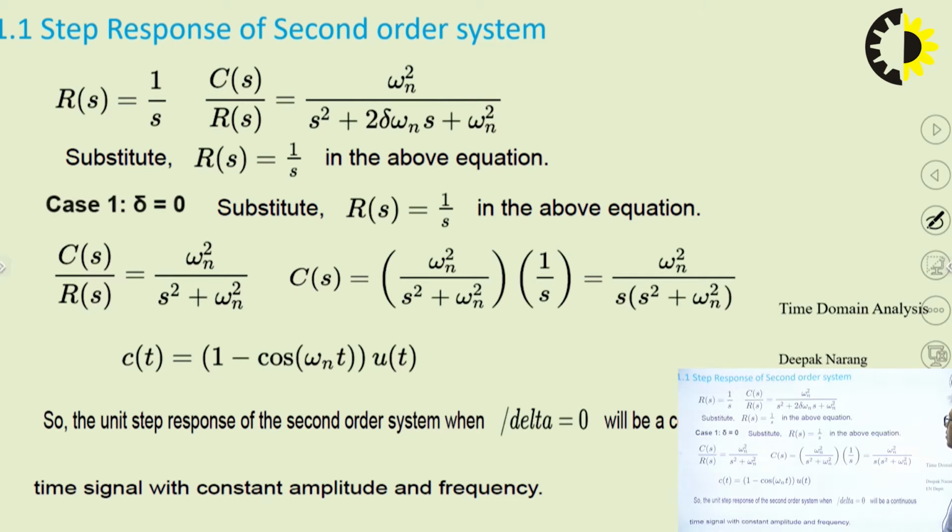Now next is how to find the response of a second order system. For this we will apply a unit step signal to the system. As we know, our transfer function, which we have already defined, is omega n square upon s square plus 2 zeta omega n s plus omega n square, and this is our unit step input.